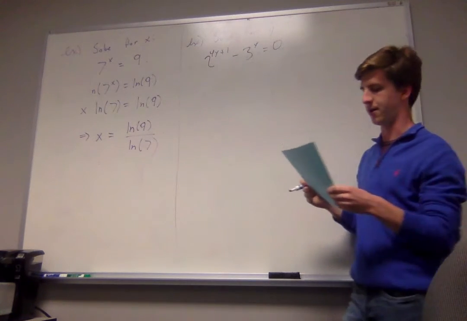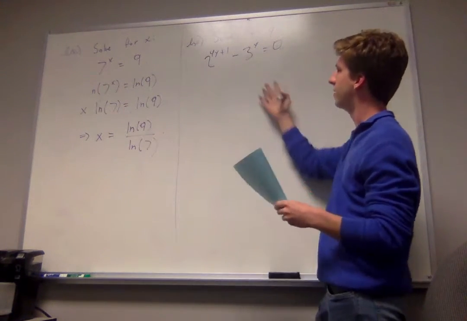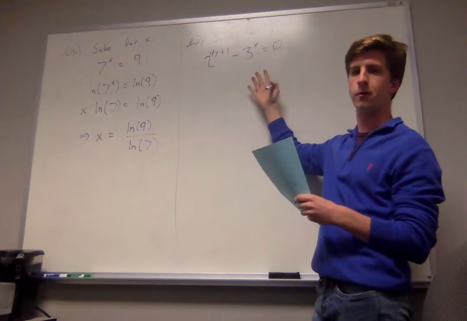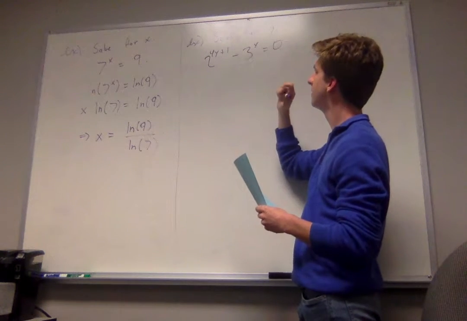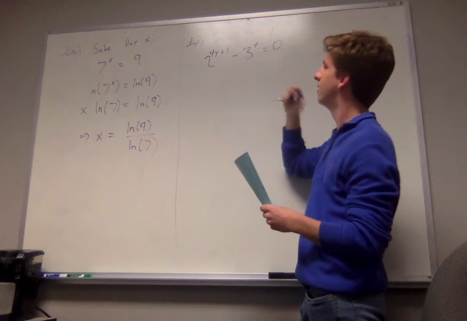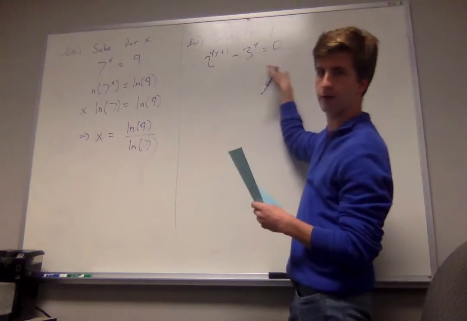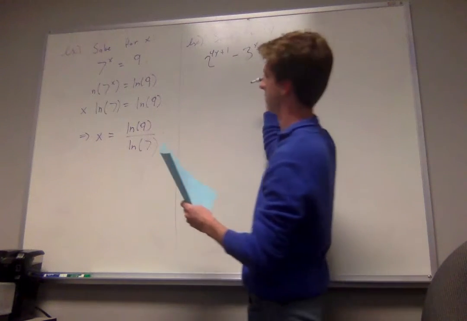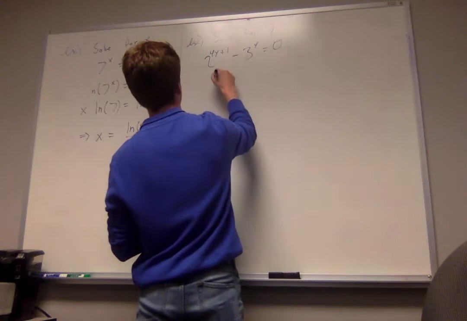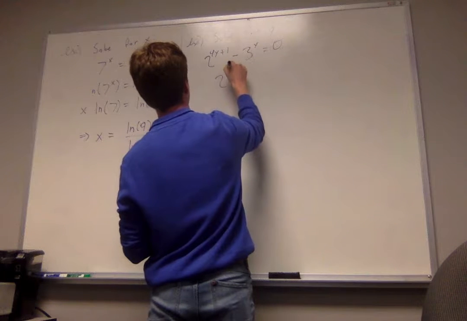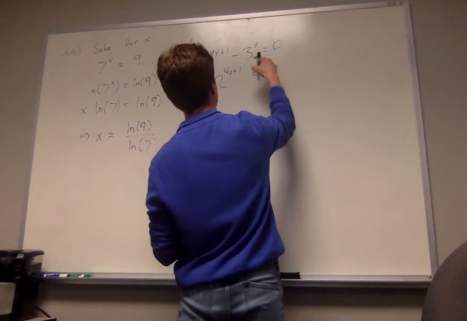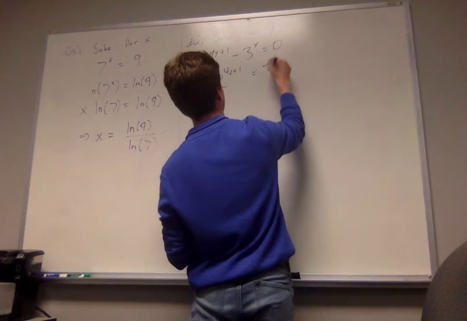So in this situation, we can't immediately just take the logarithm of both sides, because that won't help us any. So the first step is going to be to move this 3 to the y to the other side, so we can take a logarithm. So we have 2 to the 4y plus 1 equals, adding 3 to the y to the other side, 3 to the y power.